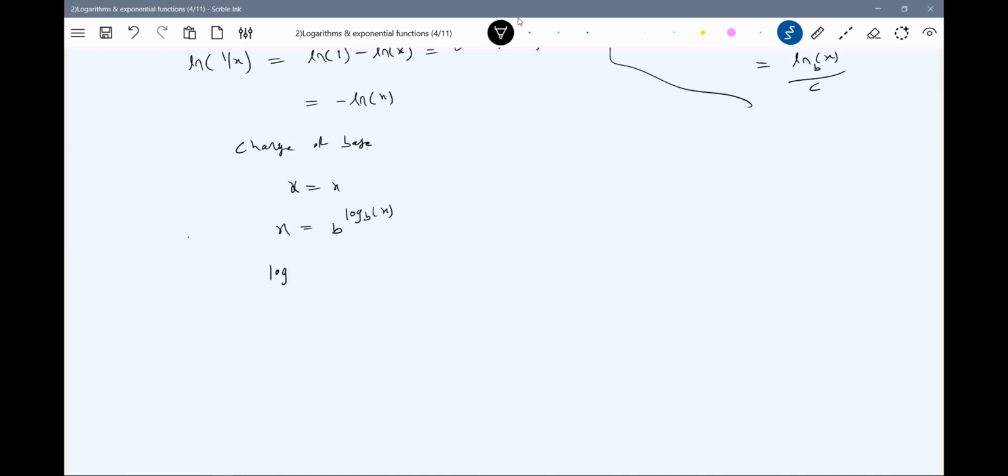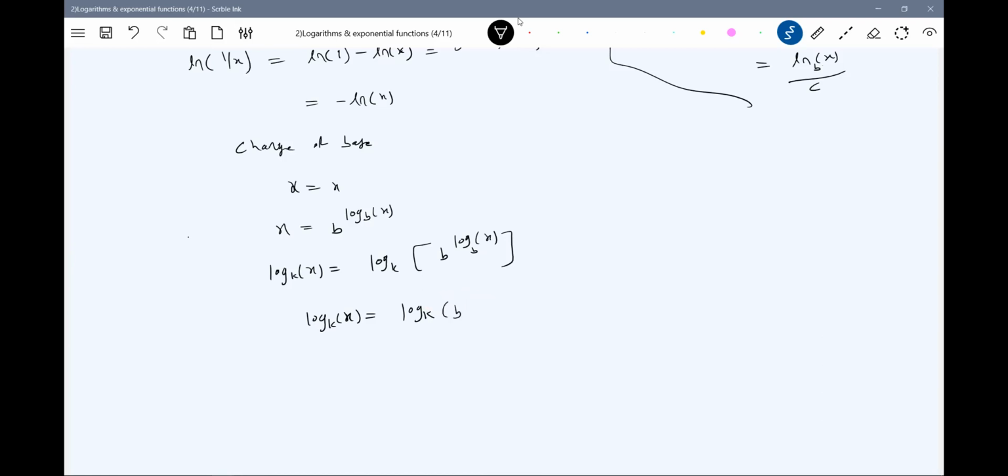Then let me take log to the base k on both sides. So on the left-hand side, it is as it is, log x to the base k. On the right-hand side, the whole bracket term I can write as log x to the base b into log b to the base k.